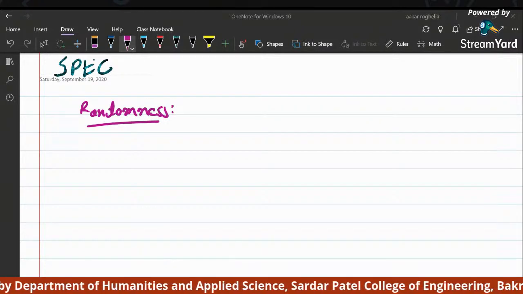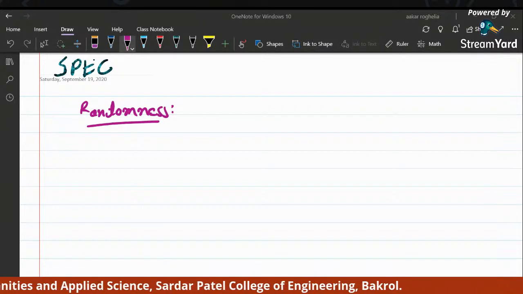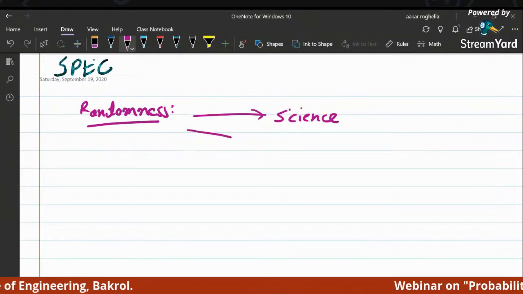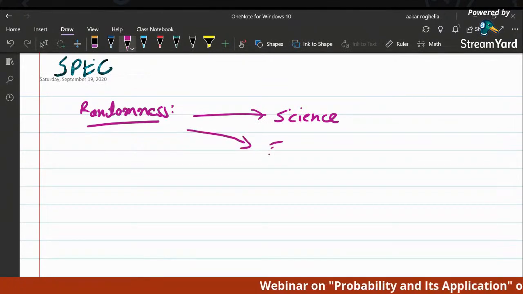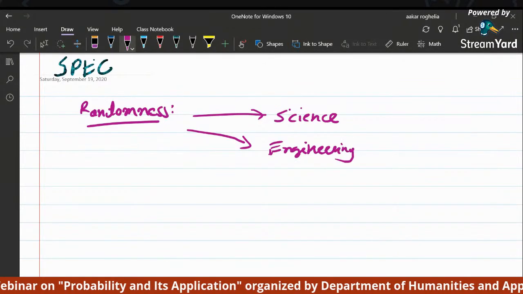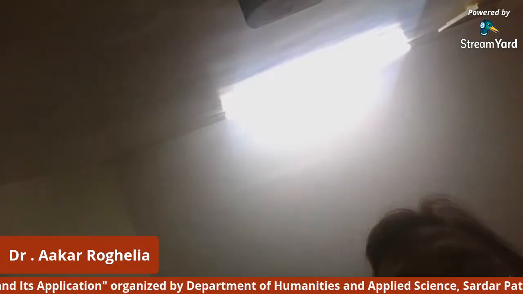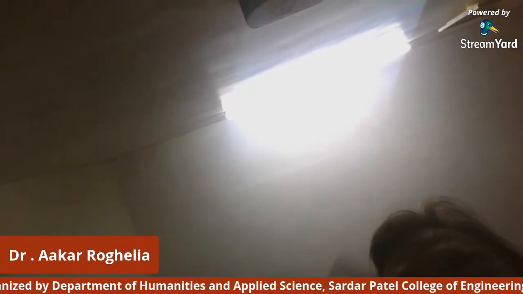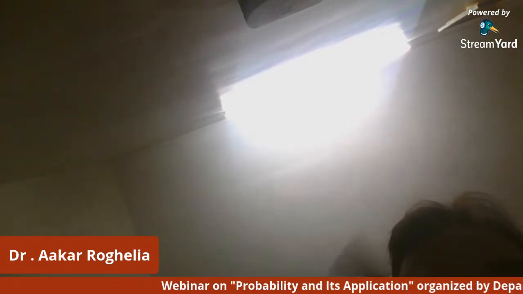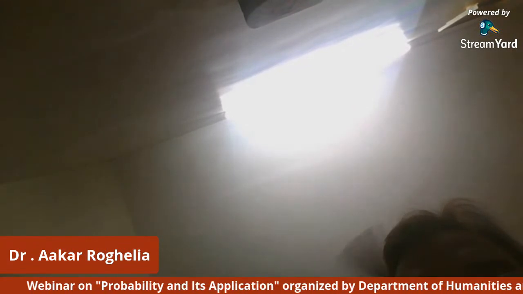Randomness comes in our everyday life, whether we are students of science, or of engineering, or of technology. In all these fields, randomness comes into the picture. And what we can say is the probability theory that we want to talk about.